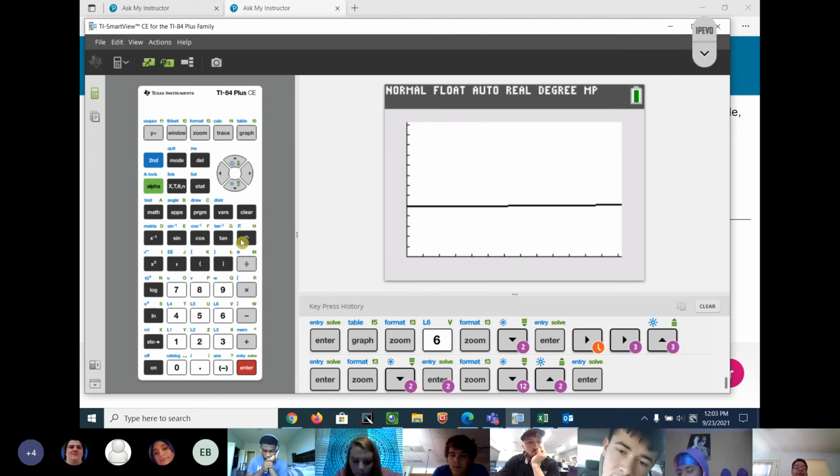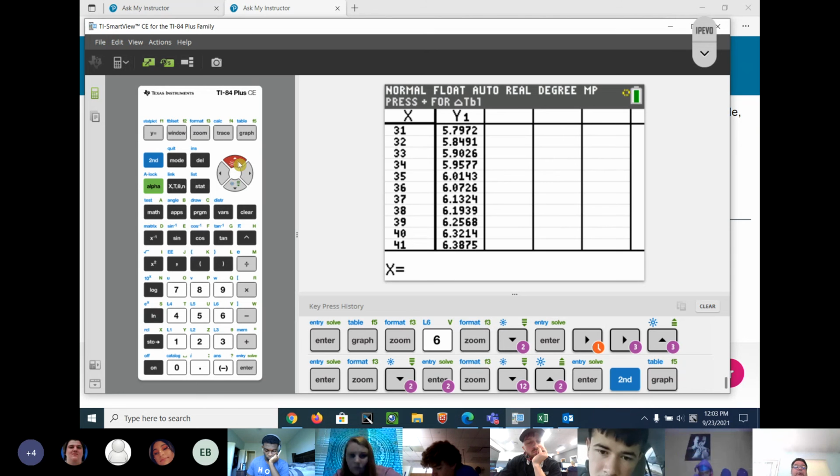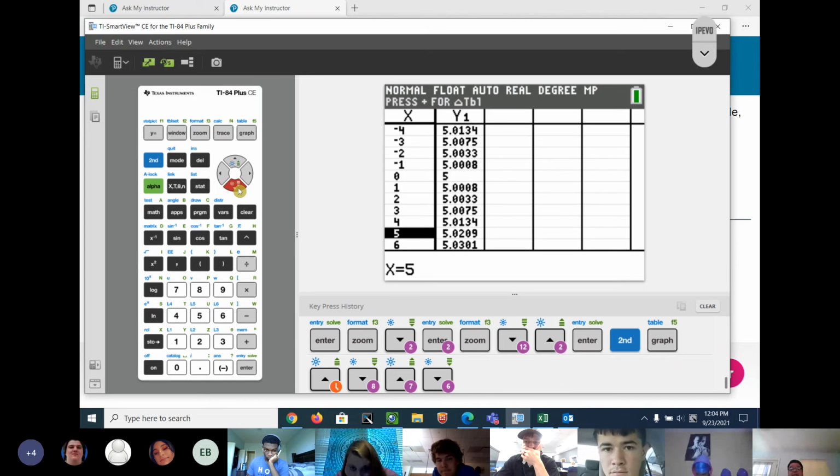You can trace, or you could do second table, and you can actually look at these values 0 through 12. At 0, you got 5, and at 1, you got 5.03. And I guess that's the maximum temperature.